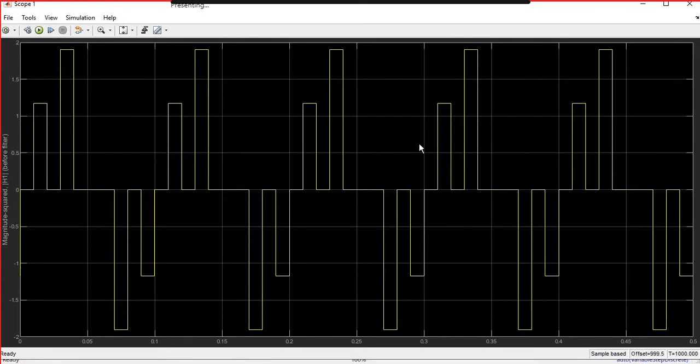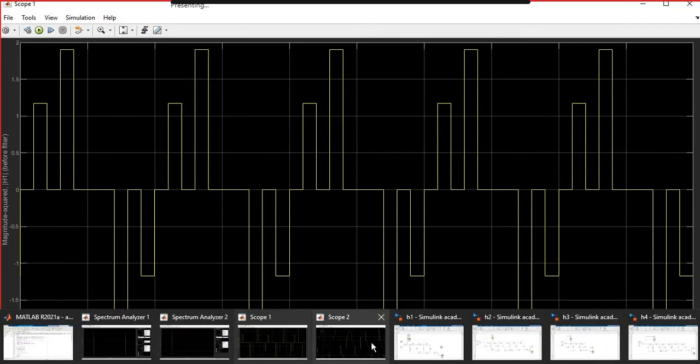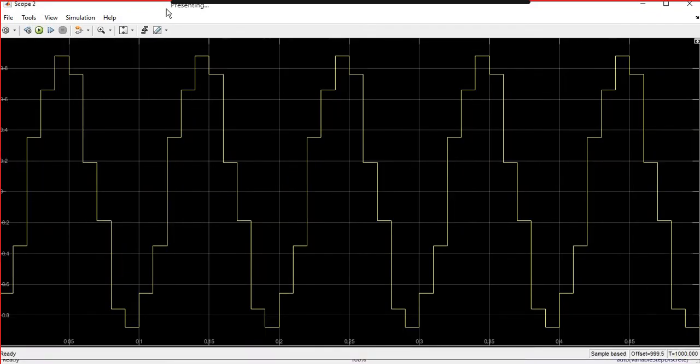Next we go to the scope. This is the output for the scope we get, which is magnitude square versus time. Next we go to scope number 2. This is the output we get.